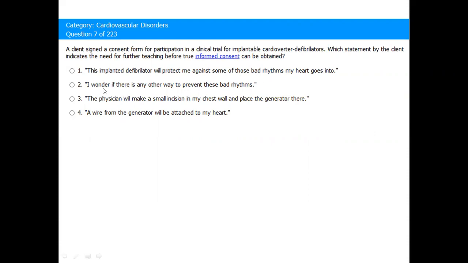Number two, I wonder if there is any other way to prevent this bad rhythm. Number three, the physician will make a small incision in my chest wall and place the generator there, and a wire from the generator will be attached to my heart.